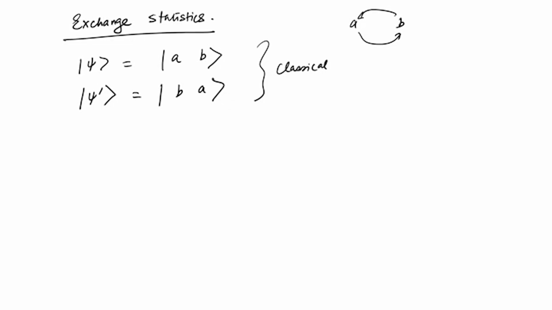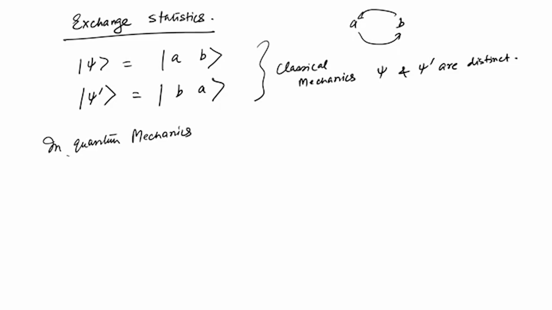So, classical mechanics would yield that psi and psi prime are distinct. But in quantum mechanics, this is not distinct. In fact, psi equal to A B is equal to some alpha times psi prime, and psi prime is equal to B A.